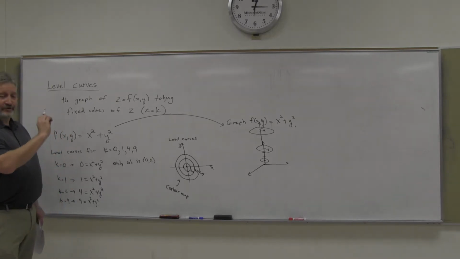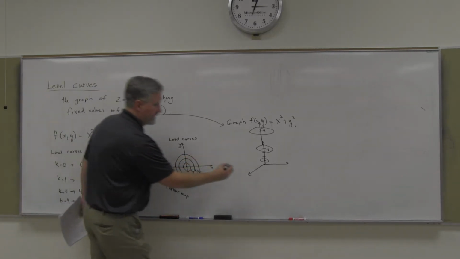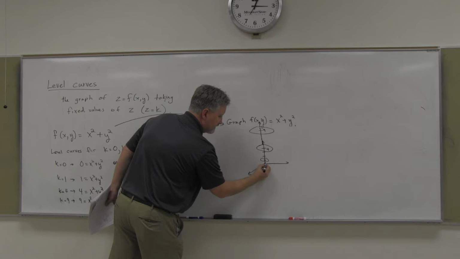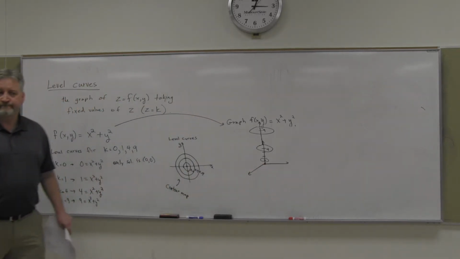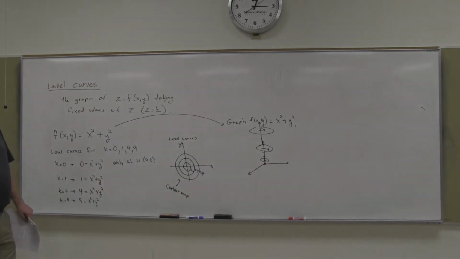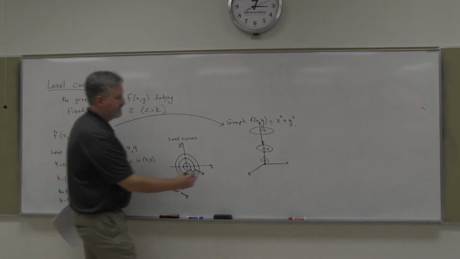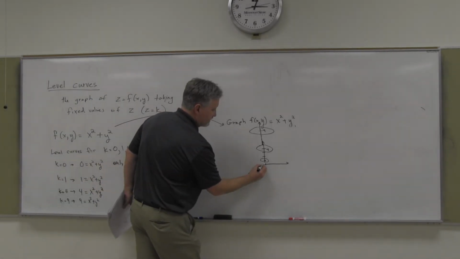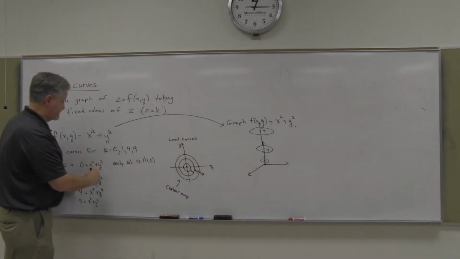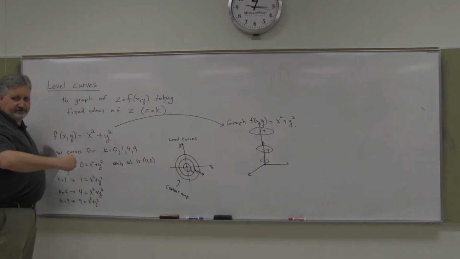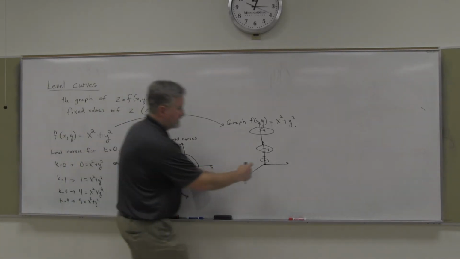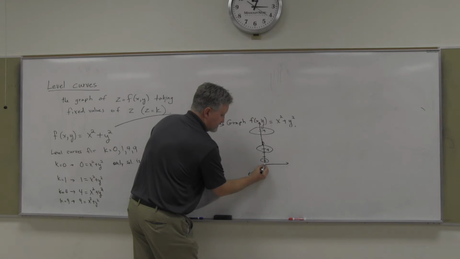Now, I didn't do the 0 one, but what have I got at 0? Level 0? 0. Okay. If I connect these up, the slices are just progressing out. If I did a slice here, it'd be just a little bit smaller.